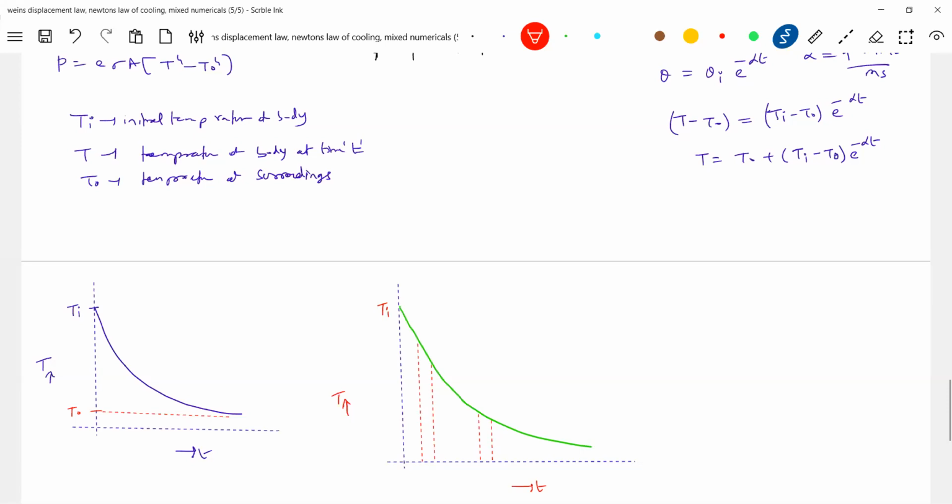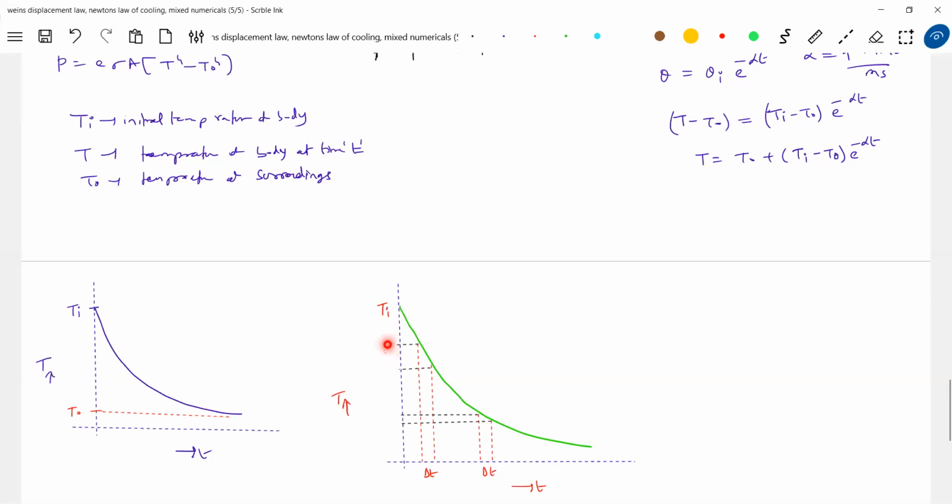Okay, look at this now. It's very clearly visible. What is the temperature difference here? It will be more here, no? For equal intervals of time, what will happen to the temperature difference?